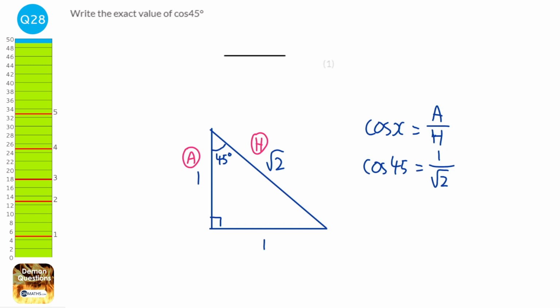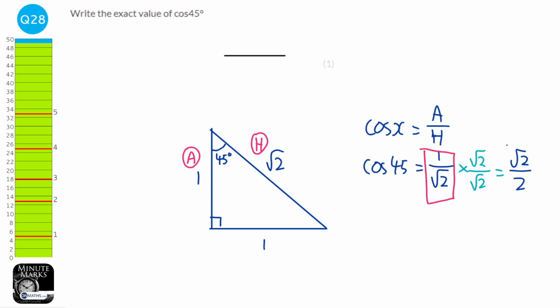And basically what that means, if you haven't done surds yet, is you times top and bottom by root 2. And so we end up with root 2 over 2. So if you ever see 1 over root 2, that is absolutely fine as an answer, but if you ever see the answer as root 2 over 2, the two are actually exactly the same. So writing 1 over root 2 is fine, or writing root 2 over 2 is also correct.